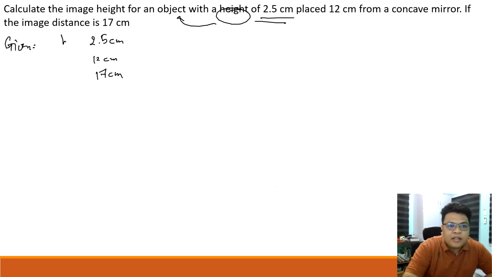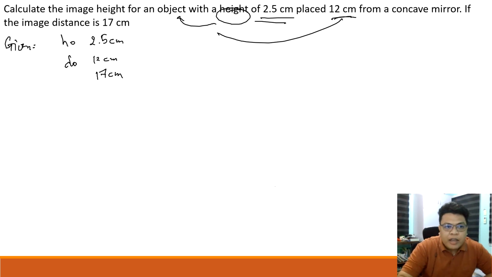So this is the HO. Placed at 12 centimeters, meaning our 12 centimeters is the distance of the object. So this is DO. And if the image distance is 17 centimeters, meaning our 17 centimeters is the image distance. So this is DI. Then, based on our problem, we need to calculate the image height. So our find is HI.